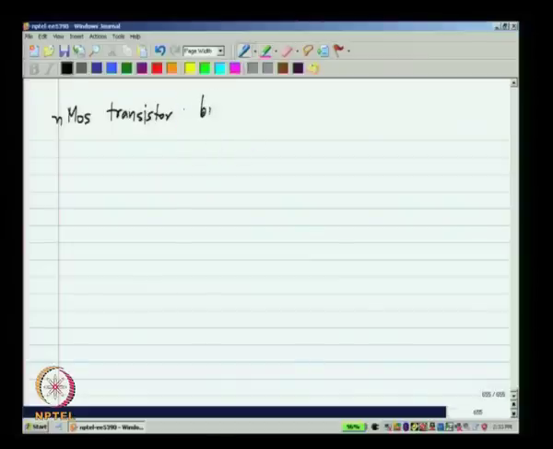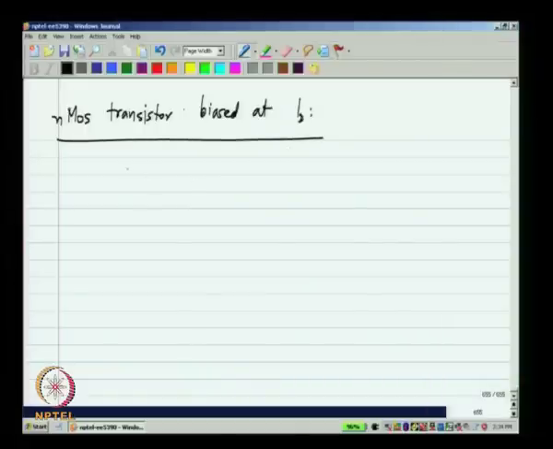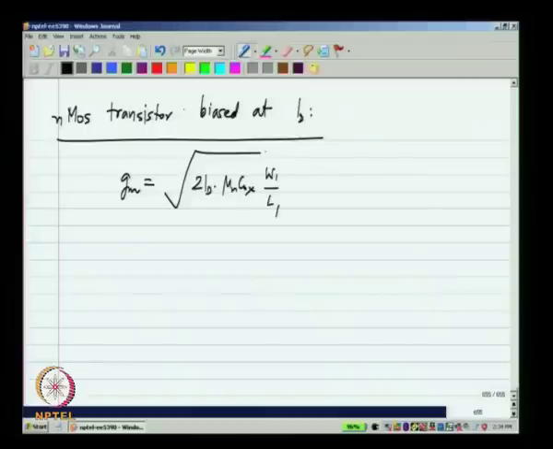NMOS transistor biased at ID, its GM will be square root of 2 ID mu n Cox and I will say W1 by L1, okay, to distinguish it from other transistors. And what is ID?